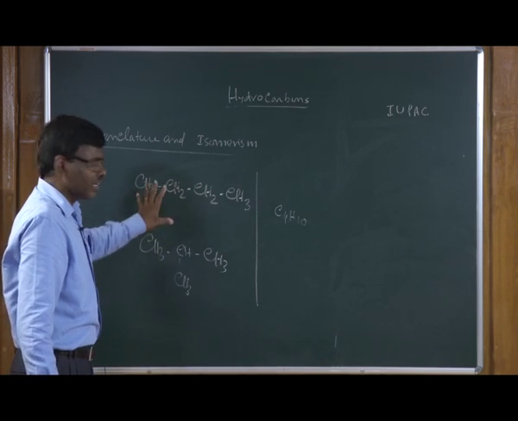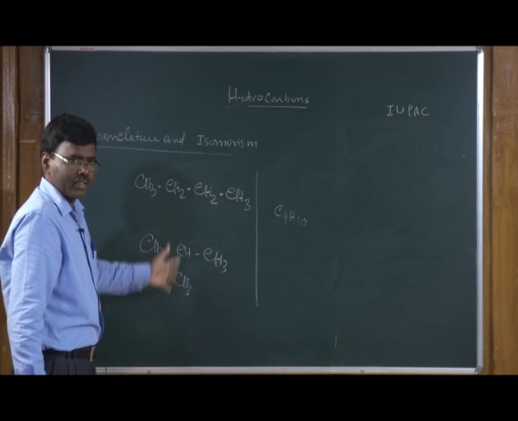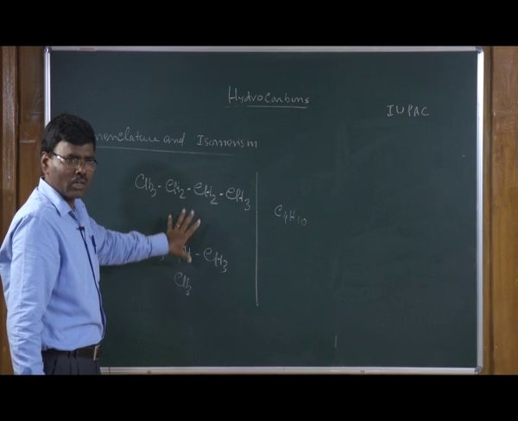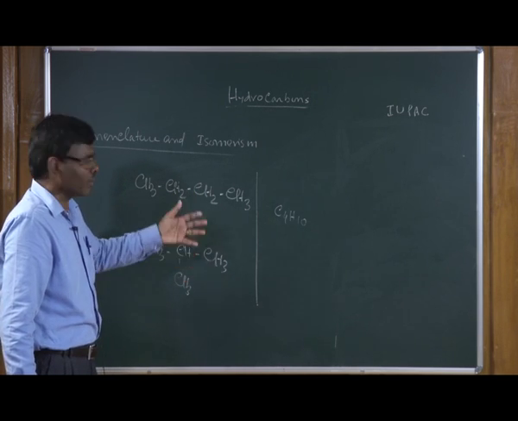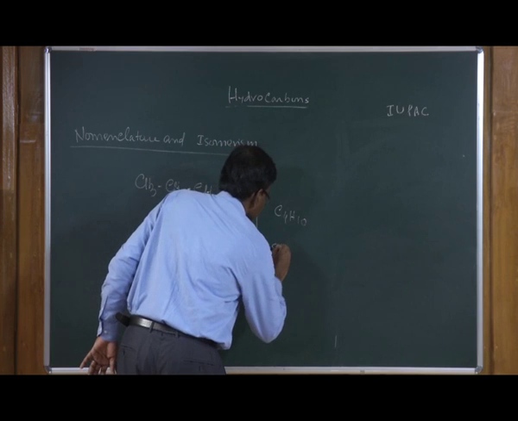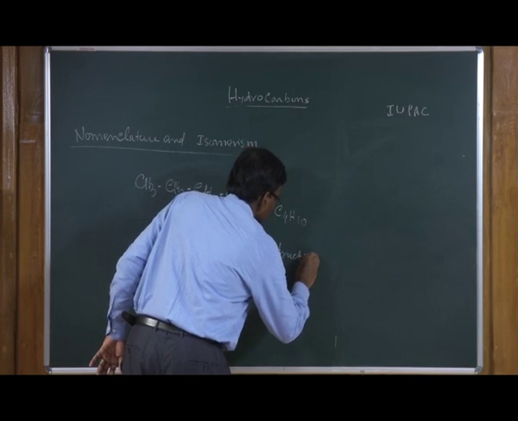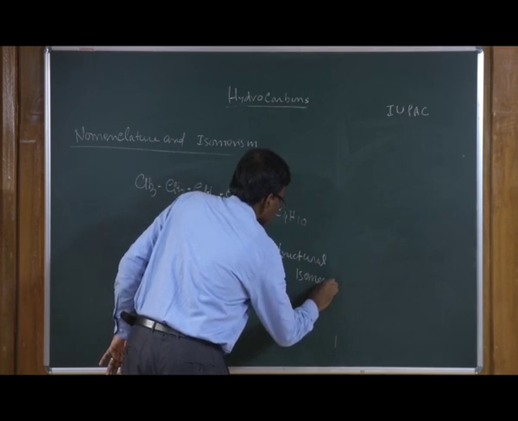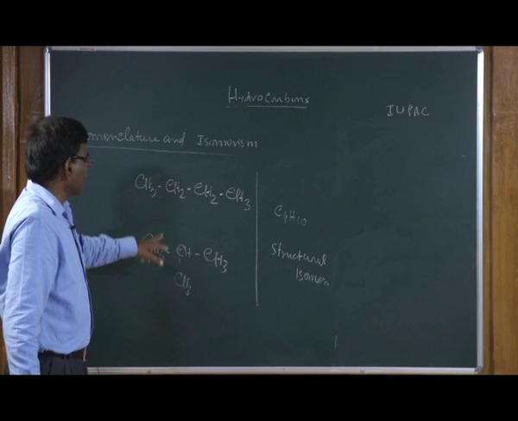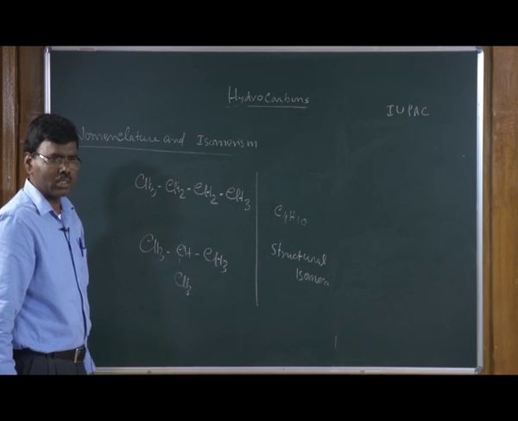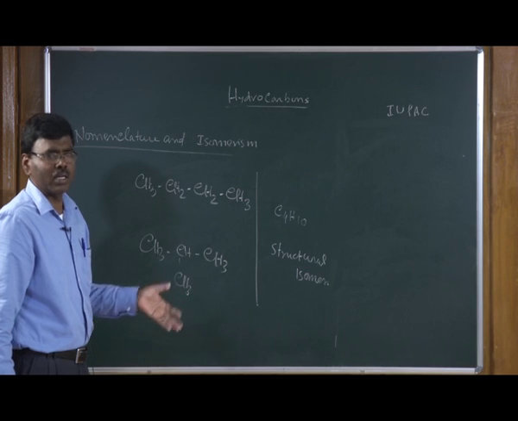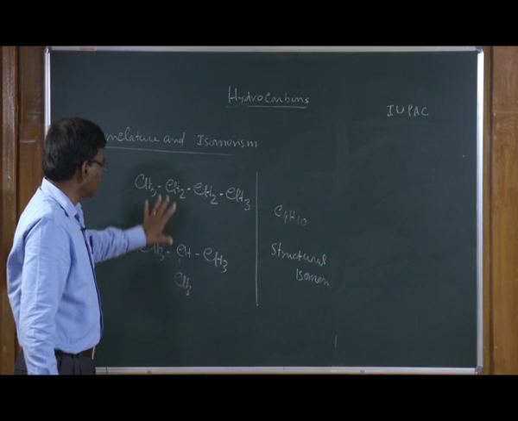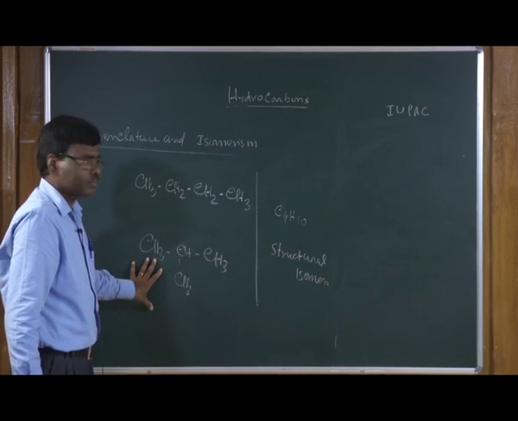So, they have different properties, for example, the boiling points of these 2 compounds are different. Molecules that have the same molecular formula but different structures and different properties are called structural isomers. The relationship between these 2 is structural isomers, right.